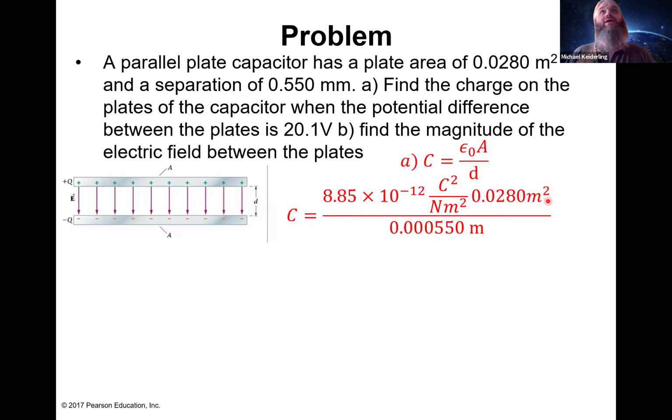I'm sorry, 0.0280 square meters divided by 0.000550 meters, because that's 0.55 millimeters. So we need to convert that to meters to keep everything in the same units. So the capacitance is 4.51 times 10 to the minus 10 farads, or 0.451 nanofarads.